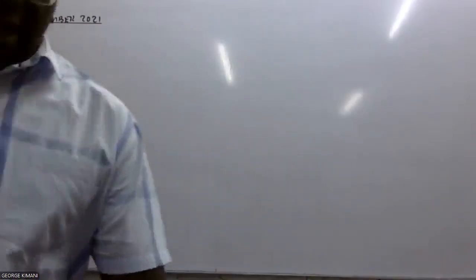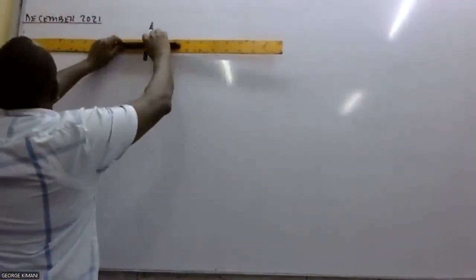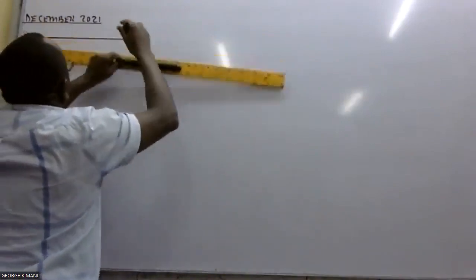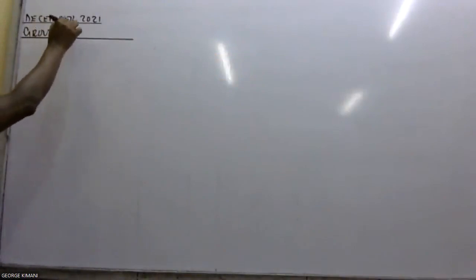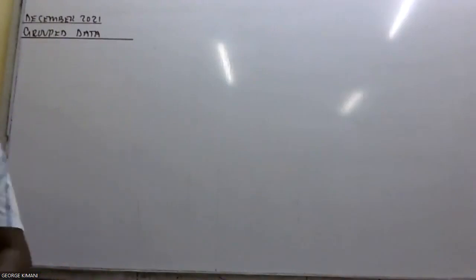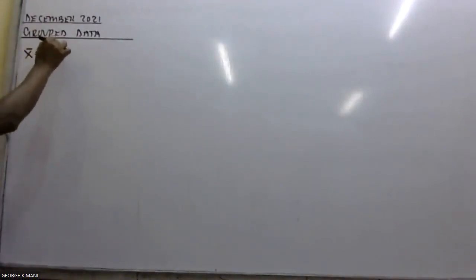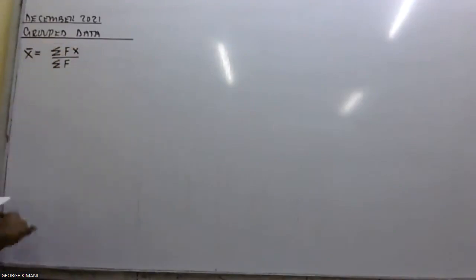We're dealing with group data. And in dealing with group data, the first thing they're asking us is to get the arithmetic mean. So arithmetic mean x bar is given as sum of fx, you divide by sum of f.